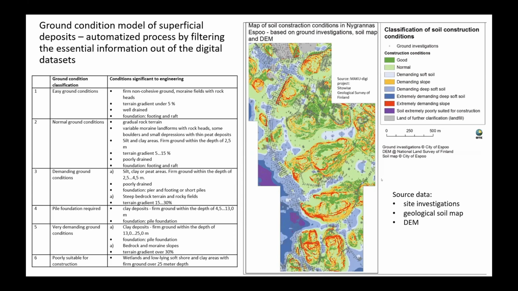The source data we were using are the site investigations, geological soil map, and digital elevation model. And with some GIS work, we could create this kind of ground condition map based on this classification, I would say rather fast. So there is a lot to develop on that side, but the first results are promising.